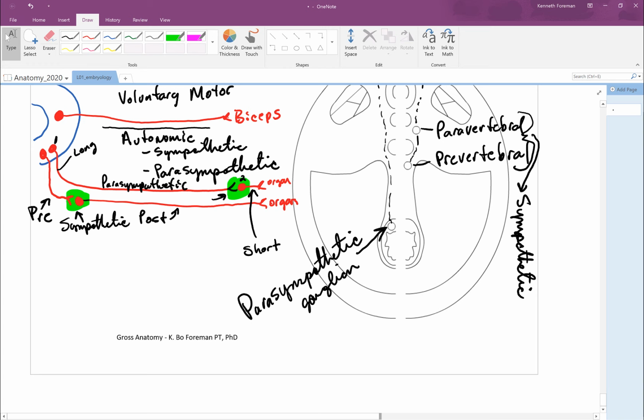Basically what happens is the neural crest cell that would become the second neuron of the autonomic nervous system for the adrenal gland, the actual neural crest cell becomes the medulla of the adrenal gland. So it's interesting. The medulla of the adrenal gland, even though it's an autonomic system, only has the primary neuron going to it, that first order neuron, because the second order neuron is actually the organ, the medulla of the adrenal gland, which I think is pretty interesting, and I can talk to you more about that later.